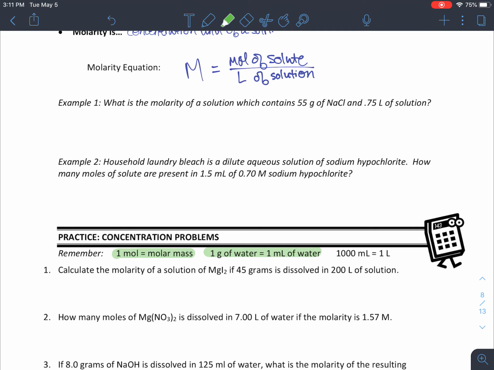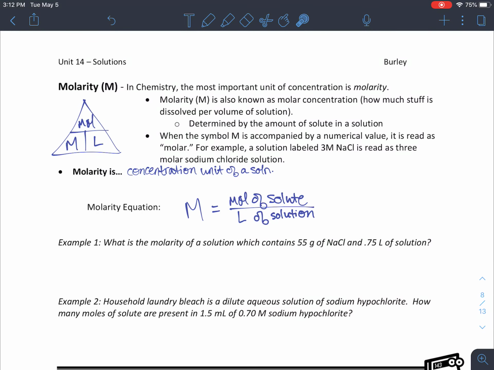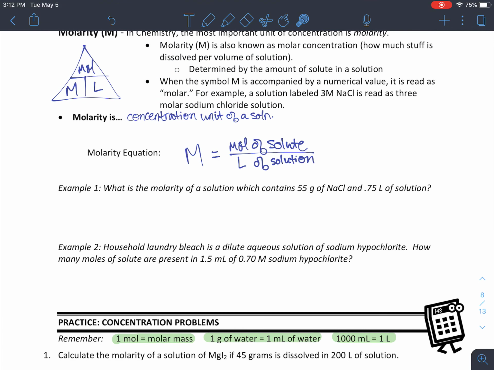So if I was to say 100 grams, that equals 100 milliliters of water. And then finally, our equivalence ratio for liters and milliliters is that 1,000 milliliters equals 1 liter. So in order to get to these desired units up here, we have to use that information that I've highlighted.